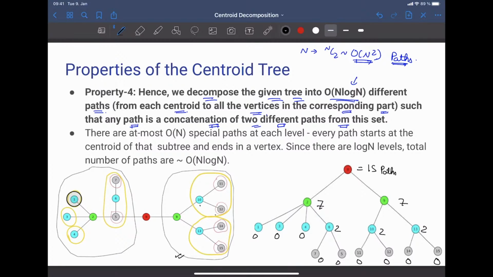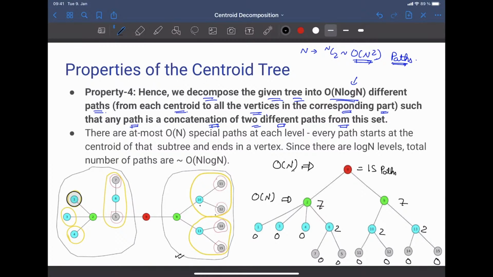Okay. So basically, what we are doing is that at every level, we are processing at most order n paths. And why is that so? Because any path is represented by the node at which that path ends. We know that a path always starts at the centroid and always ends at any other node in the tree.